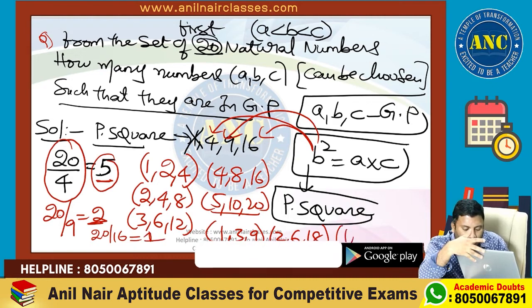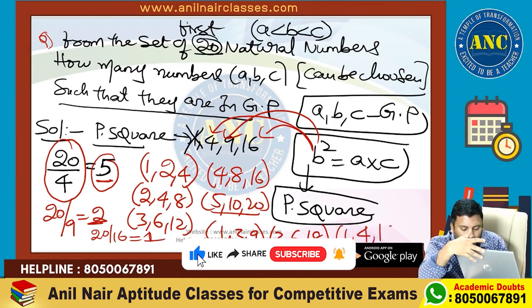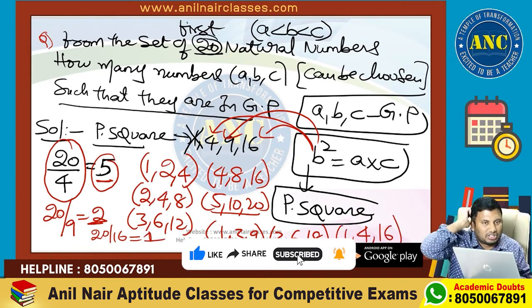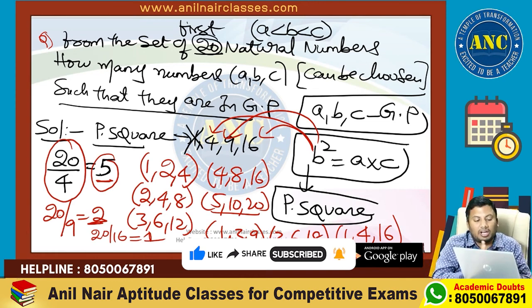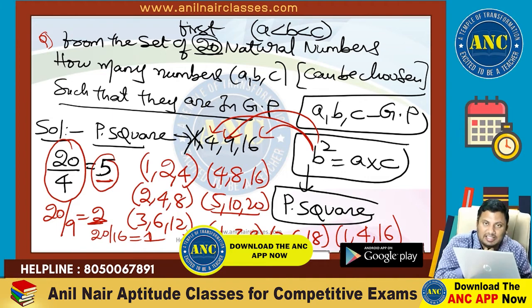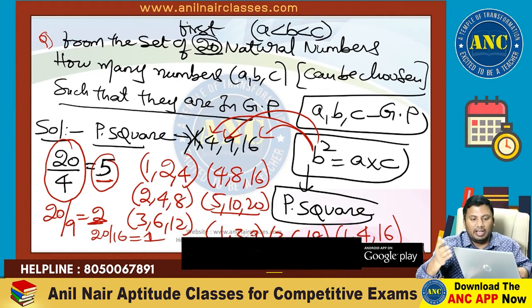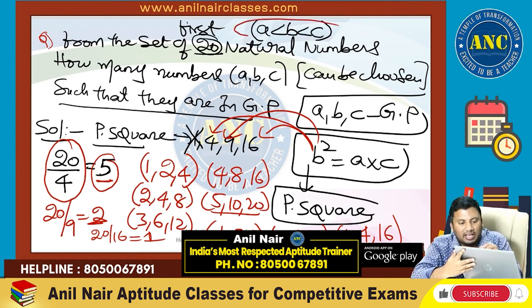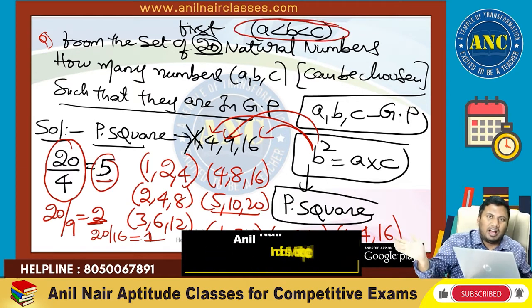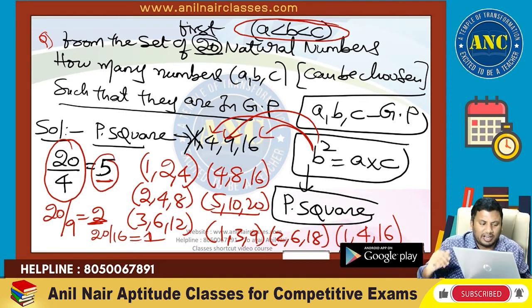B value is 4: 1, 4, 16. Directly I got all the cases where R is a natural number. The condition I kept is A less than B less than C. Otherwise you do the reverse case and you will get the answer.